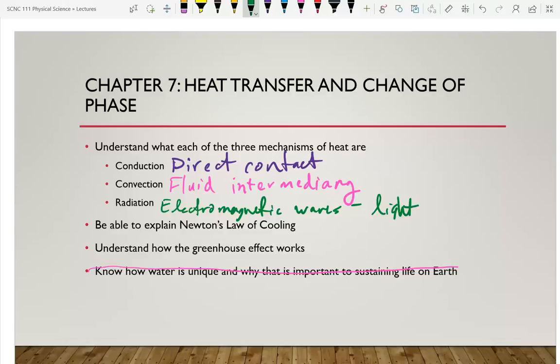Newton's law of cooling, remember I talked about how on CSI they stick the old thermometer in the liver to measure the liver temperature, because the rate at which something cools is proportional to the temperature difference between the environment and the object. That's Newton's law of cooling.